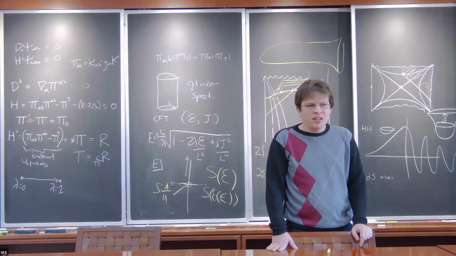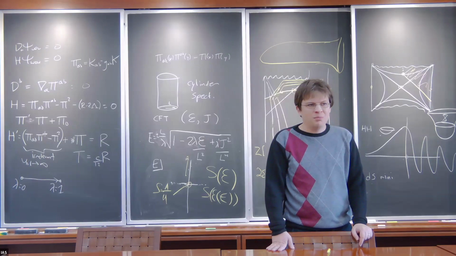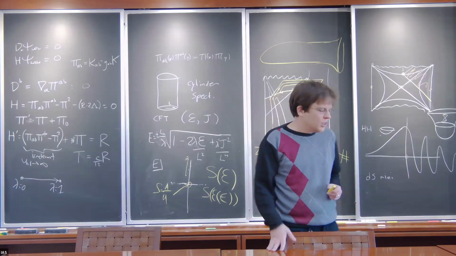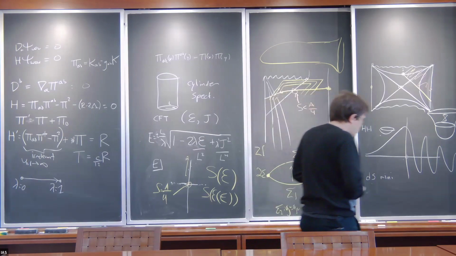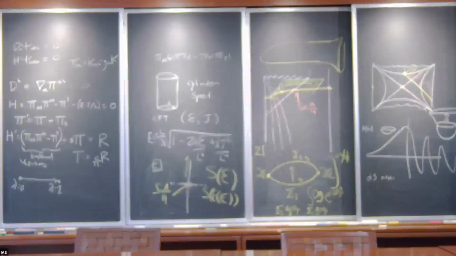So I would like to know whether it's possible to UV complete this kind of model and make sure that the field theory is actually constructible. I believe doing so would provide a non-perturbative definition of holographic bulk gravity.